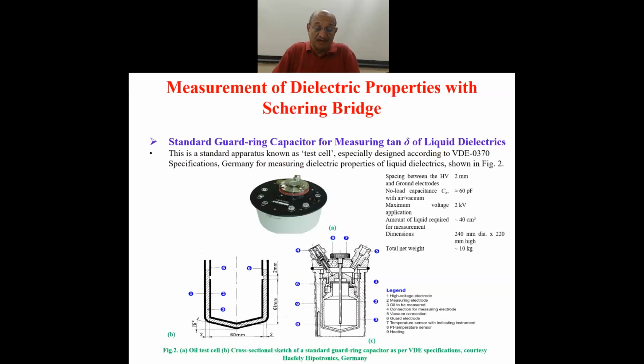So let's talk today, as I just mentioned, about a standard guard ring capacitor for measuring tan delta of liquid dielectrics. This has been developed by many countries, and here is the sketch and a photograph of the actual capacitor, or instrument, you can say this is basically an instrument.